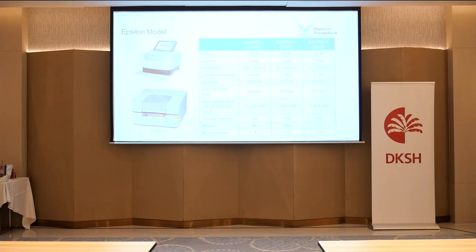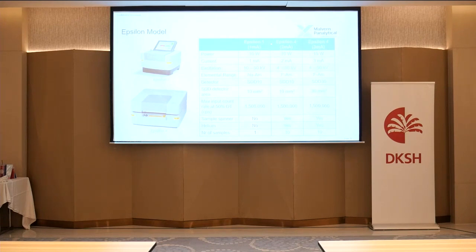So this has a larger detector compared to these two. Because of this, it can analyze elements from carbon onwards. This one can analyze elements from fluorine onwards, and this one can analyze elements from sodium onwards. So depending upon your requirement, you can select the model.